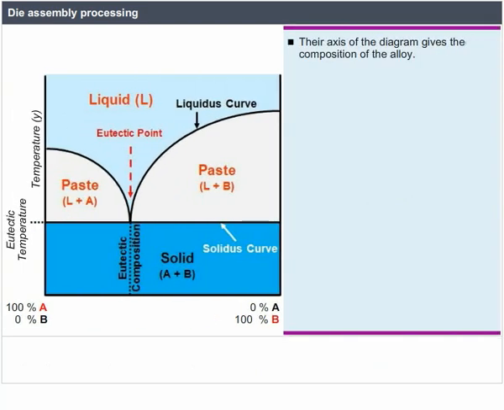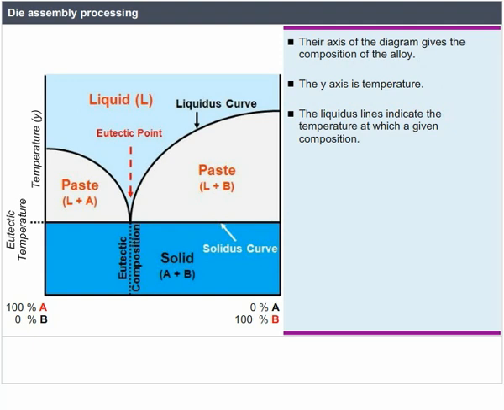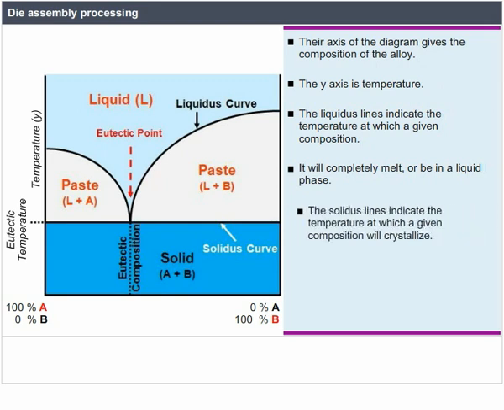The x-axis of the diagram gives the composition of the alloy. The y-axis is temperature. The liquidus lines indicate the temperature at which a given composition will completely melt or be in a liquid phase.